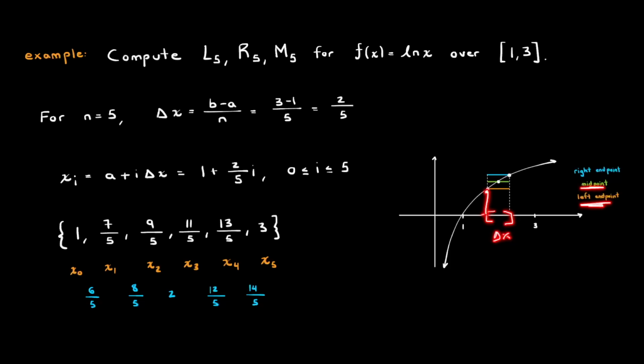The midpoint approximation is going to use the height of the function at the midpoint of the subinterval, and the right endpoint is going to use the height of the function on the right endpoint of the subinterval. And so our left endpoint approximation will use this rectangle, whereas our midpoint approximation will end up using this rectangle, and then the right endpoint approximation will end up using this rectangle.